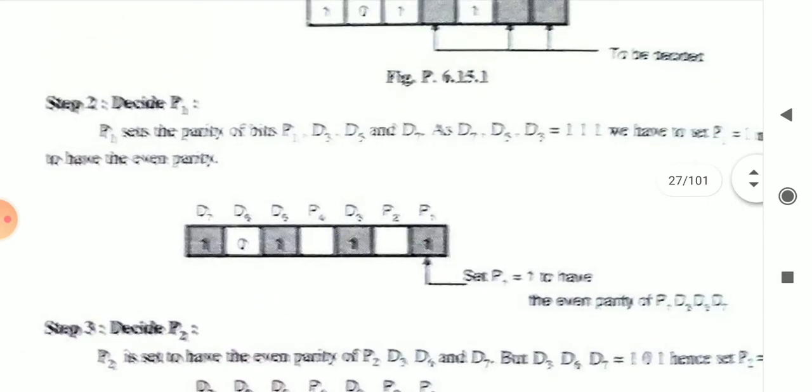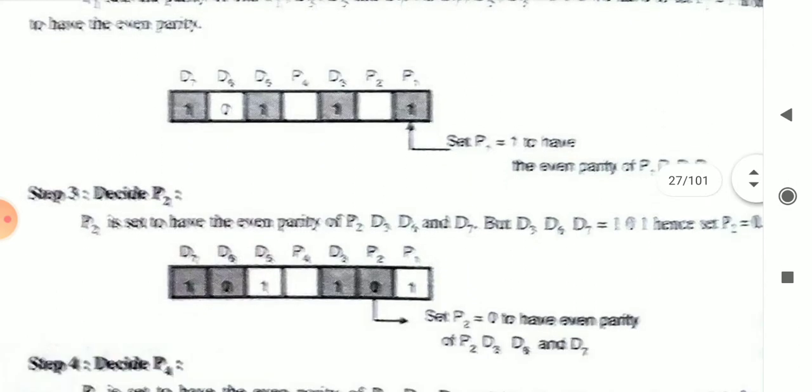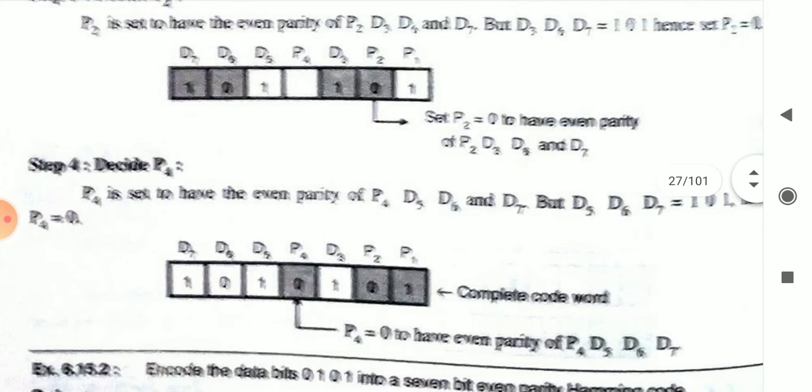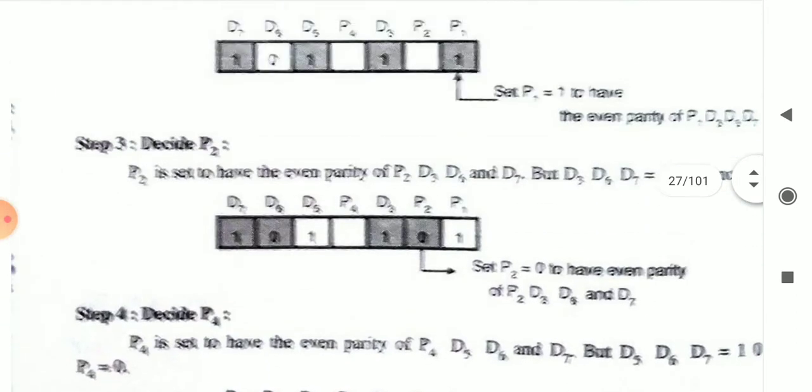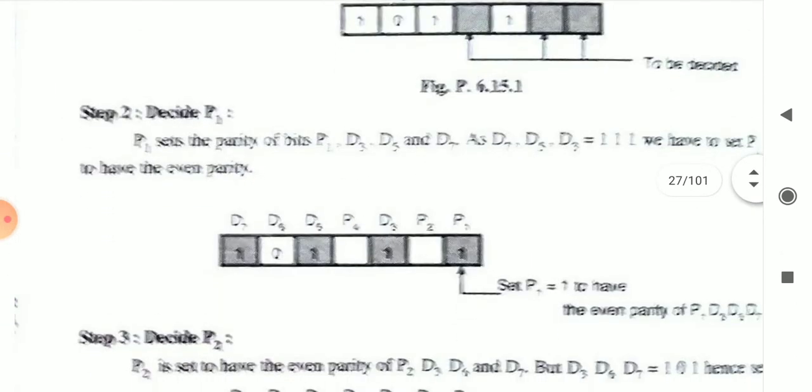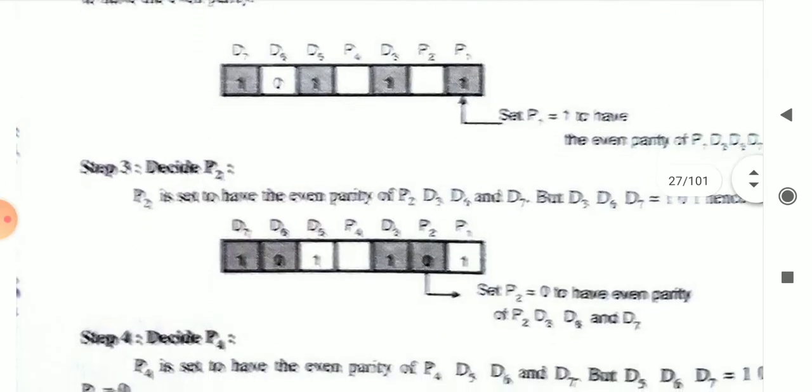Here D1, D3, D4 are the data bits for deciding parity. Decide parity 1, decide parity 2, then decide parity 4. These are the sequential or linear block diagrams of deciding parities.